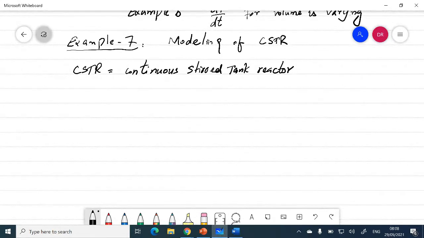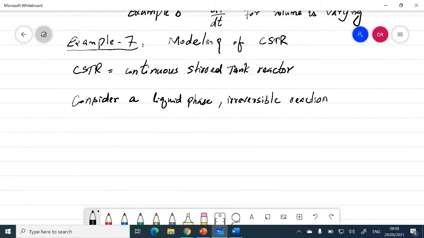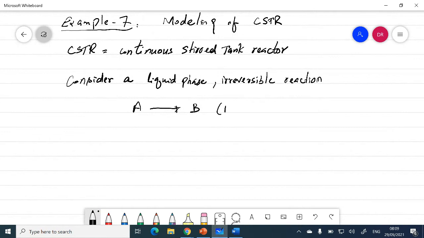As I said, this is widely used in the chemical industry, and for this example we are going to consider a simple liquid phase irreversible reaction, where reactant A is converted to B. We assume that this is a first order reaction with respect to component A.